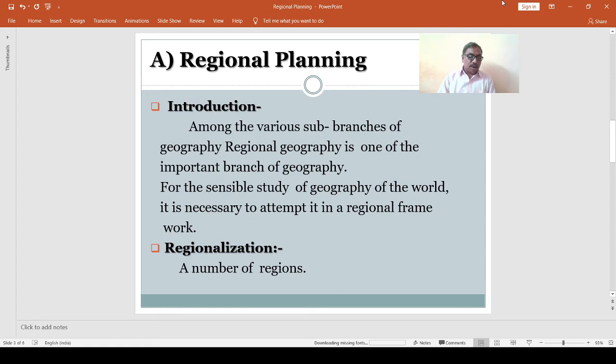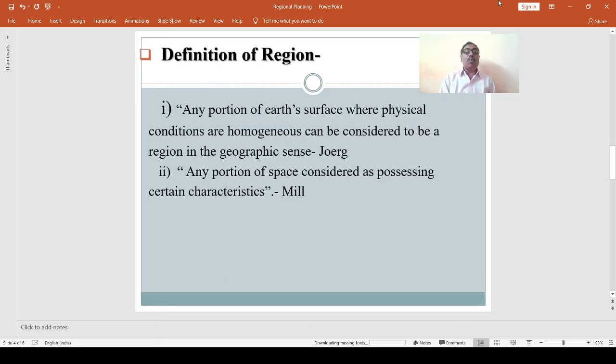On the basis of such criteria, the earth is divided into number of natural regions. Means in the study of regional planning, the regionalization is important one.